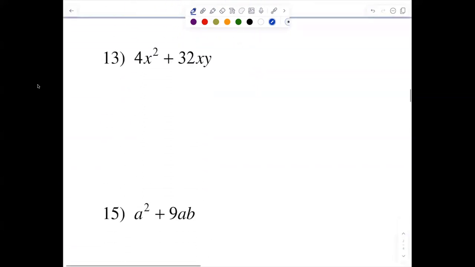Listen to this one. 13, go. Finley. So 4 times 1x. You don't have to say times 1x. It's just 4x. Parentheses. Now what?